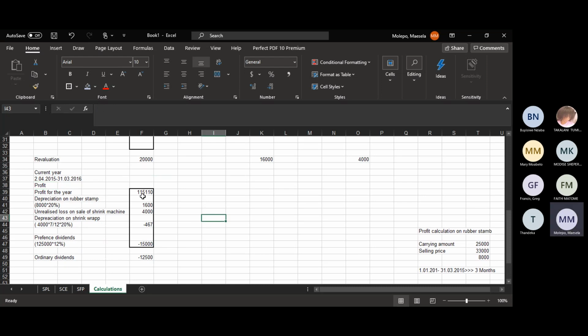So we say 115, we add 1,600, we add 4,000, we less 467, we less 15,000. Someone must do a calculation for me and give me the figure.